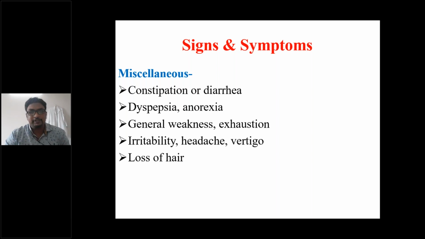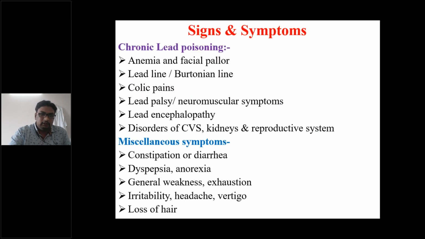Loss of hair can be seen in lead poisoning. So these are some of the generalized miscellaneous symptoms: general weakness, malaise, exhaustion, irritability, dyspepsia, and then constipation or diarrhea, and then loss of hair. So these are some of the overall symptomatology of chronic lead poisoning.